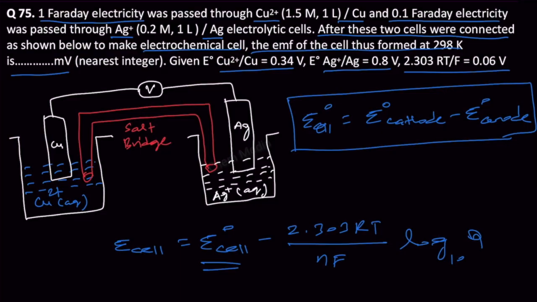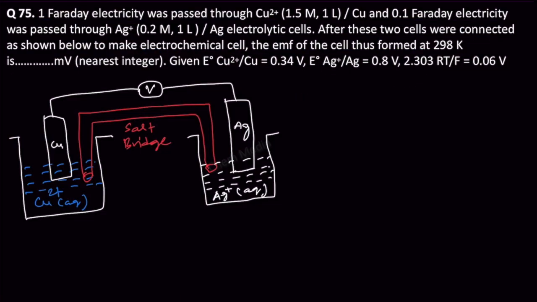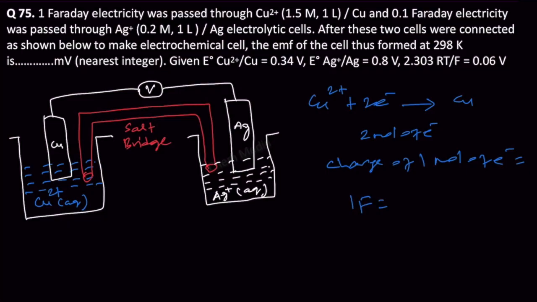So let us first find the new concentrations. We have Cu2 plus on one side. If Cu2 plus gains 2 electrons, then it can become Cu. So to convert it into Cu, we require 2 moles of electrons. We know that the charge of 1 mole of electrons is equal to 1 Faraday, that is equal to 96,500 coulomb per mole.